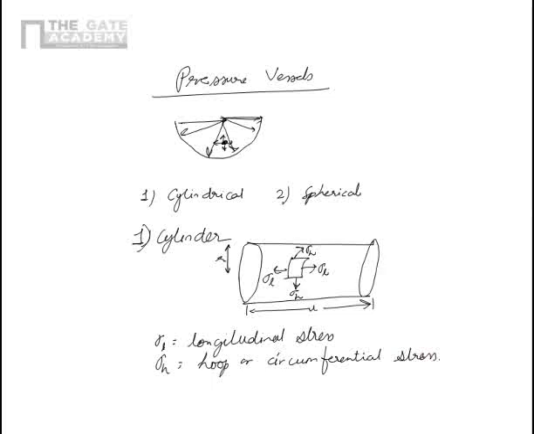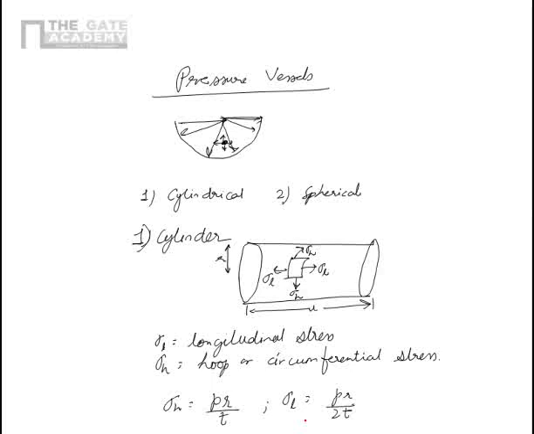Now, obviously, we know from the equation of equilibrium of the stress element that sigma hoop is given by PR upon T and sigma L is given by PR upon 2T. These are the numbers for the hoop and longitudinal stresses. So hoop stress is twice the longitudinal stress.